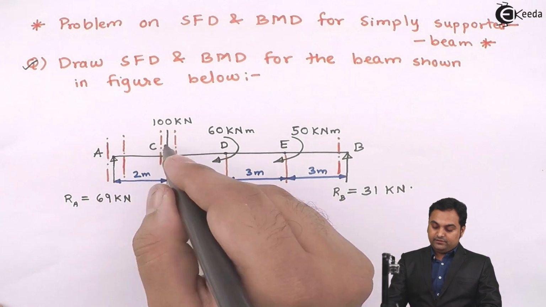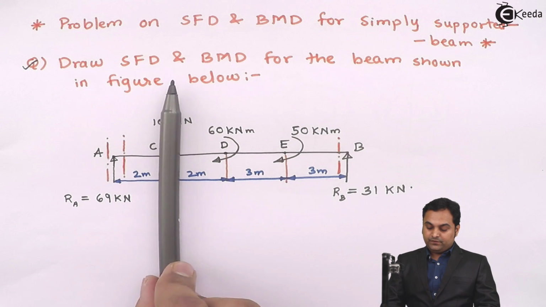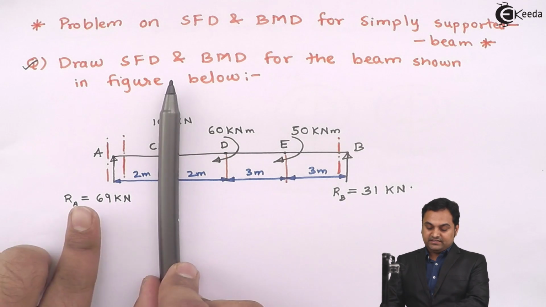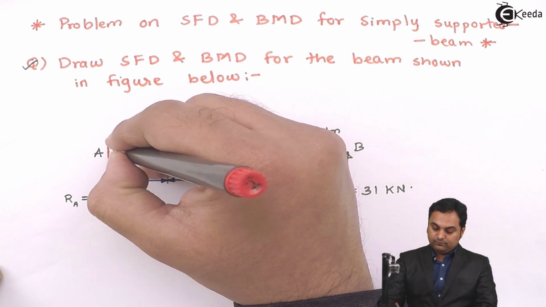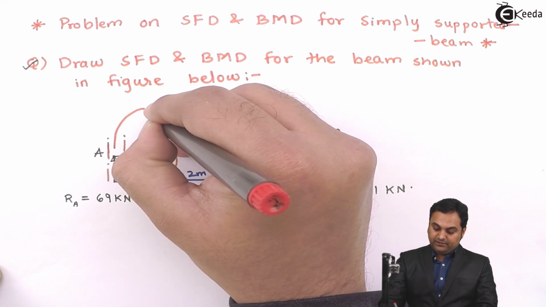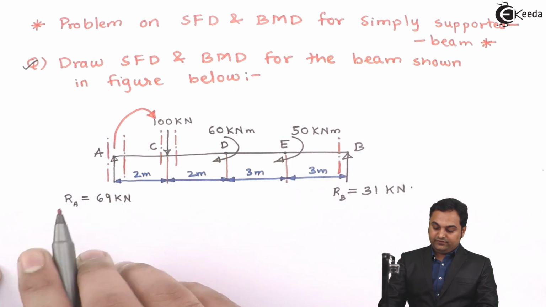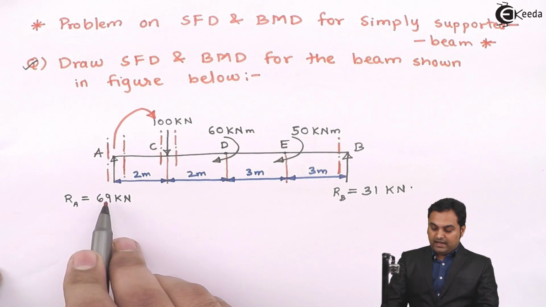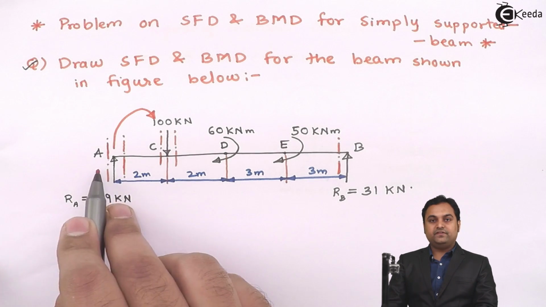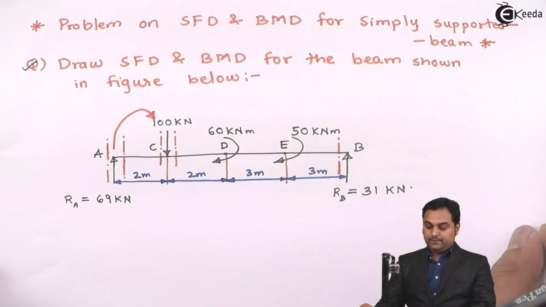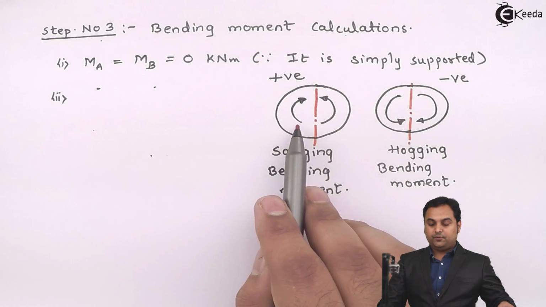So when I am taking, now here I have point C, to the left of point C there is RA acting upward and it will be producing a clockwise moment at point C. That is, if I am taking the moment RA 69 into 2, that will be clockwise, and to the left of the section clockwise moment is treated as positive.